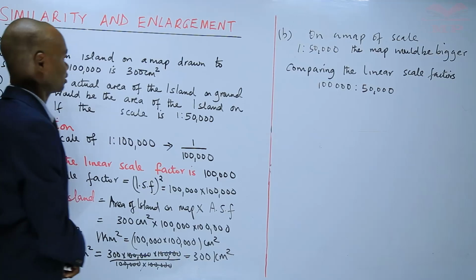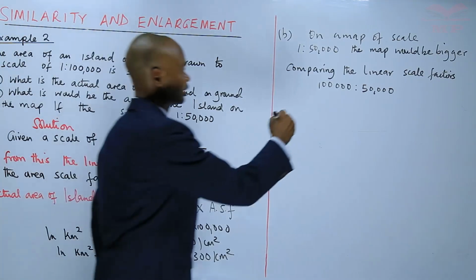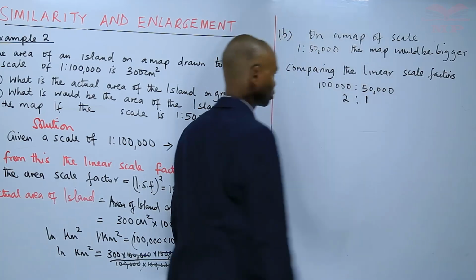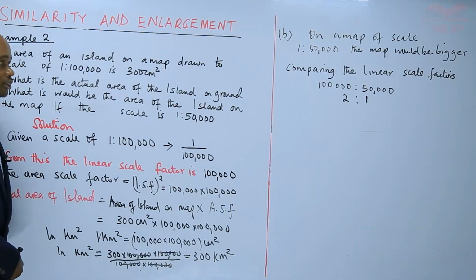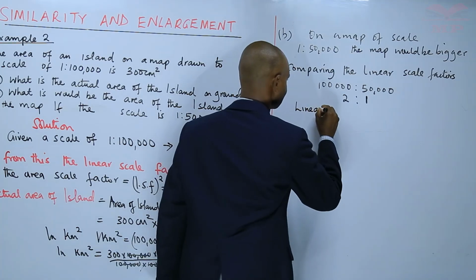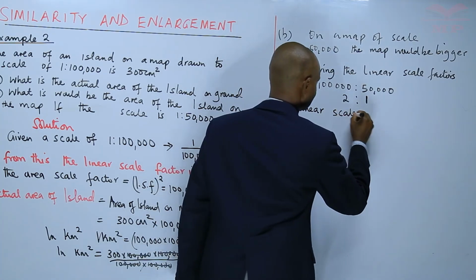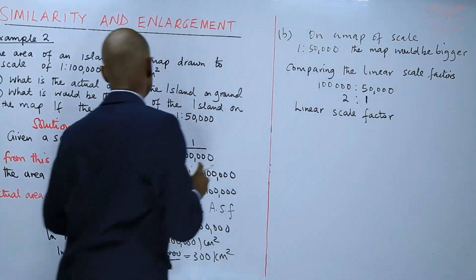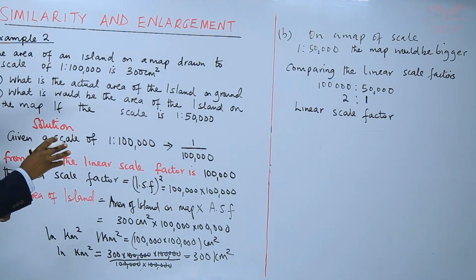So that will be 2 to 1. So we discover the linear scale factor, when we are comparing the first map and the second map, is 2.